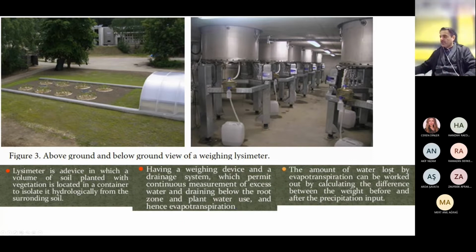The amount of water lost by evapotranspiration can be worked out by calculating the difference between the weight before and after the precipitation input. If you have precipitation input, or if you have some given amount of irrigation water.